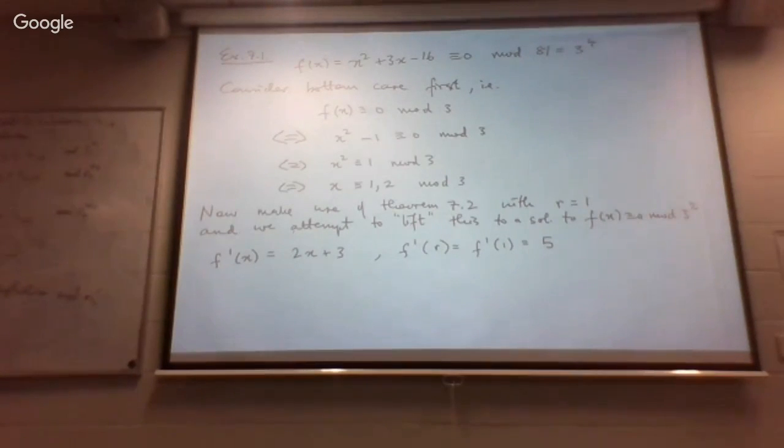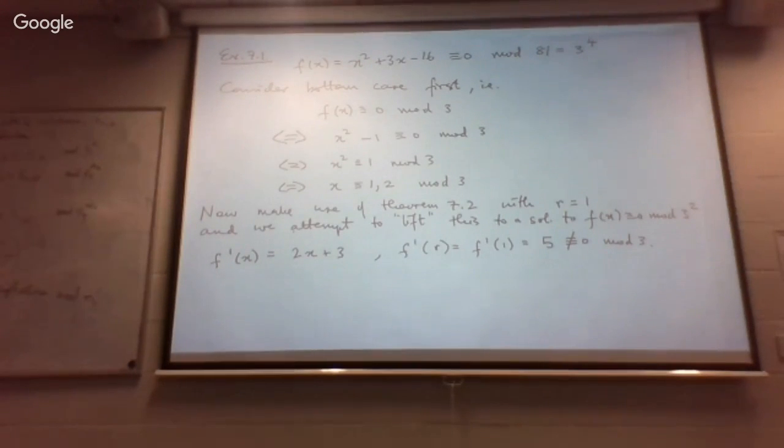We just have to assess this value of the derivative modulo p and work out is it non-zero or 0 modulo p. Well, we've got 5. P is 3 here. So 5 is clearly non-zero modulo 3. So that means it's the upper case that we're in.